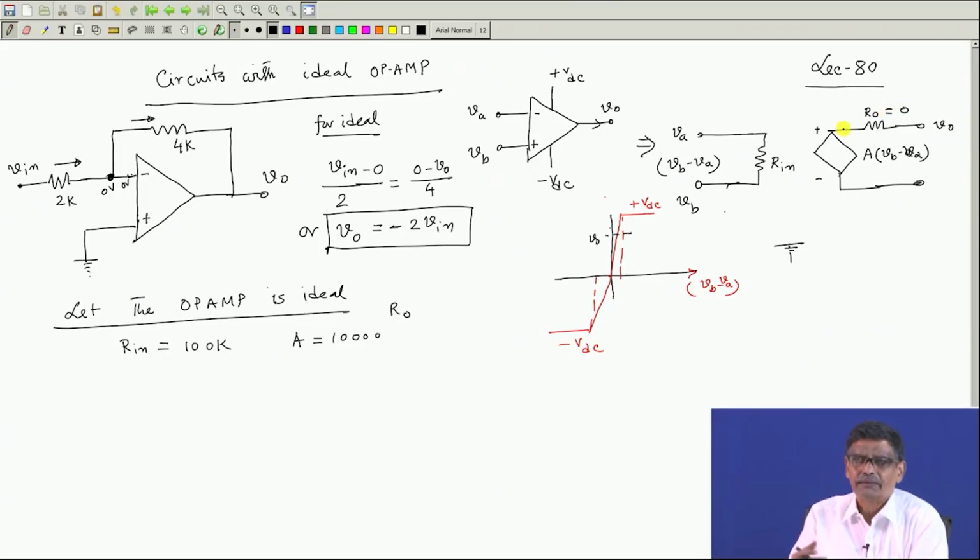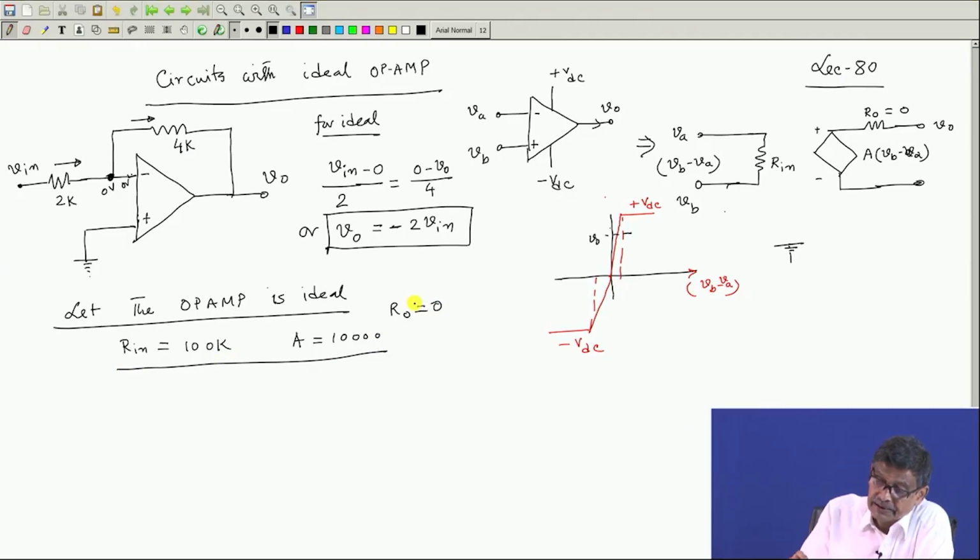I do not want to make it more complicated. In that case, if these two informations are there with R naught equal to 0, then I cannot claim that the current drawn by the op amp through this path is 0.